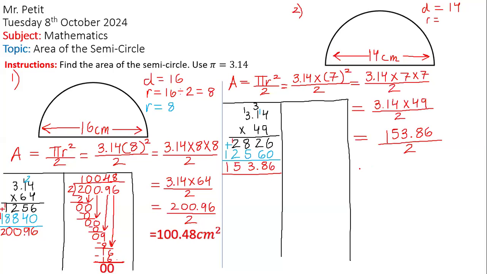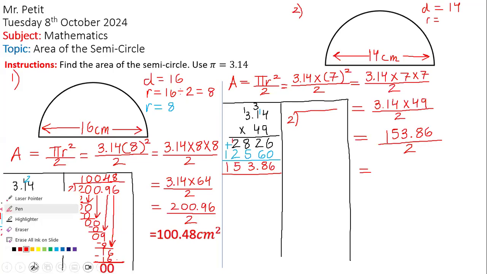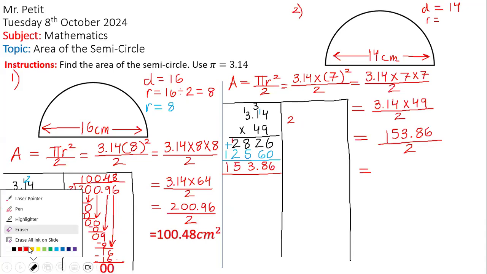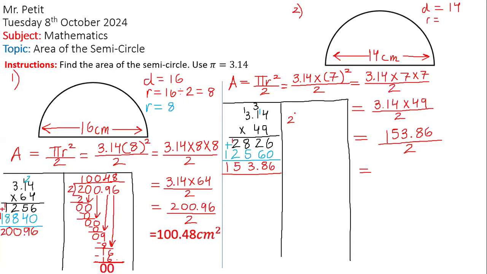And this is going to be equal to, we have to divide 153.86 by 2. So it's going to be 2 into 153.86.